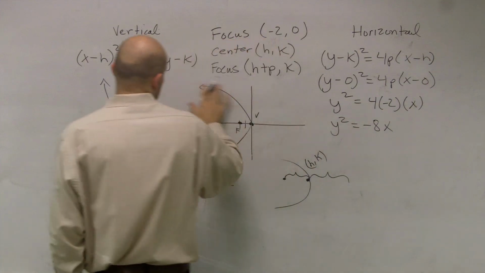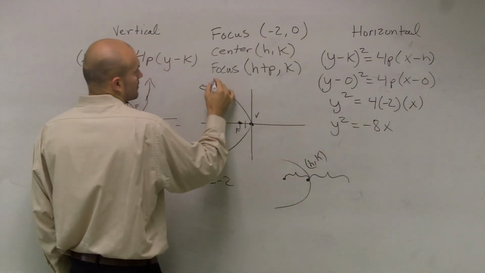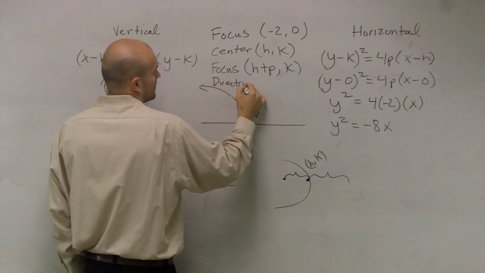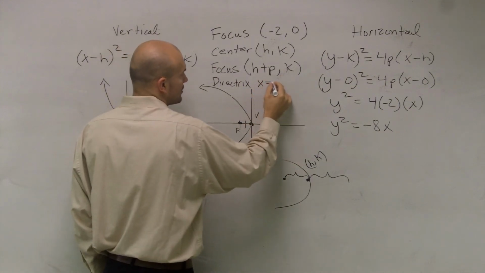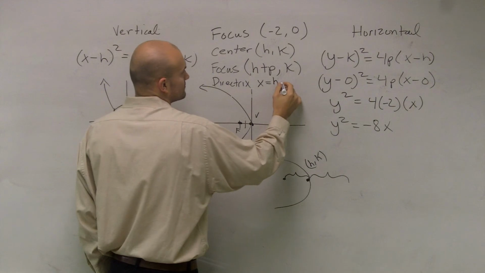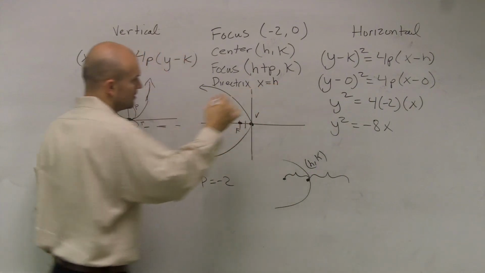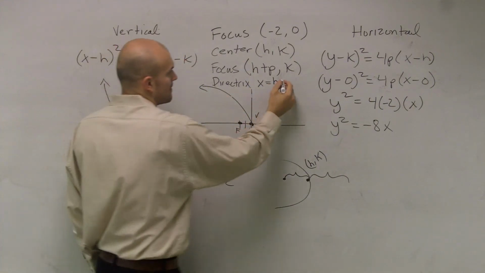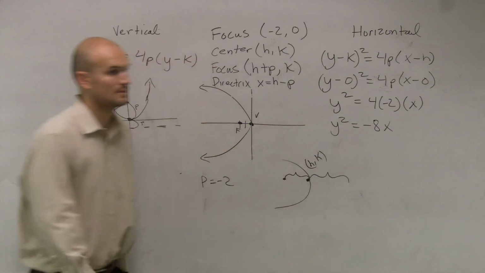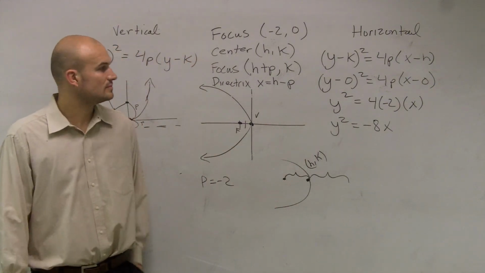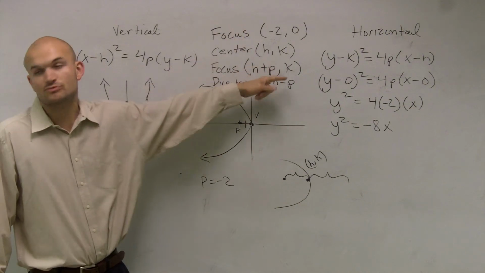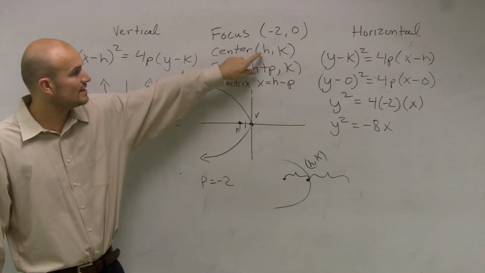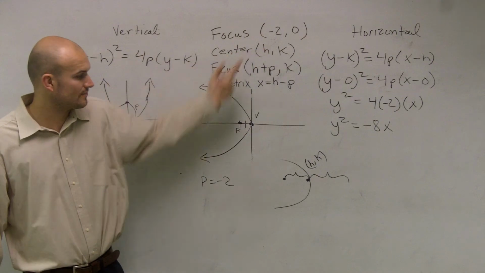The directrix is going to be x equals h minus p. So for the focus, you're adding the p value, and for the directrix, you're subtracting the p value, and you're doing that to the h coordinate of your center.